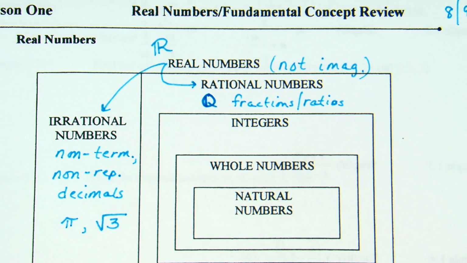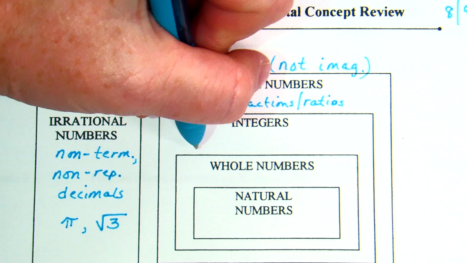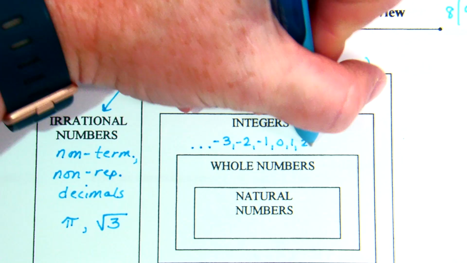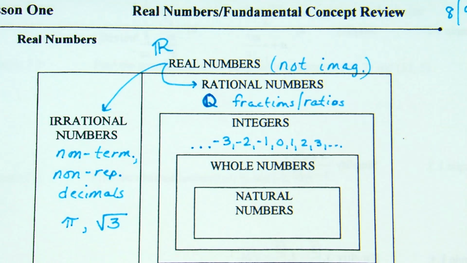Okay, integers. Remember what integers are? Okay, positive and negative whole numbers. Technically, you have to know what a whole number is, but I get it. That's what I say too. I'm going to write ..., -3, -2, -1, 0, 1, 2, 3, ... I agree. Positive and negative whole numbers.